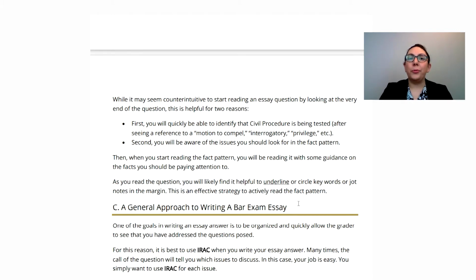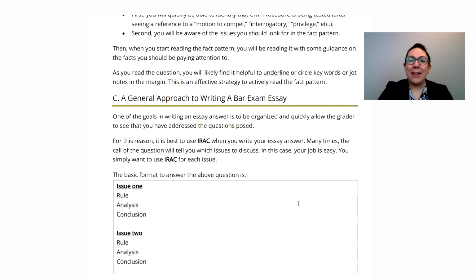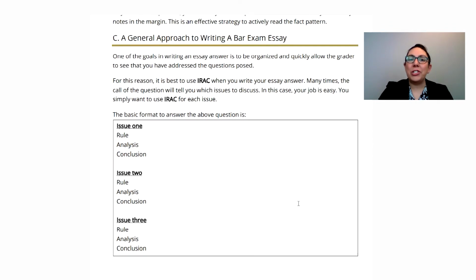So how do you approach writing a bar exam essay? Now that we've read the call of the question, and let's say we've read the fact pattern, how do we begin writing? What do we do? I cannot stress enough the importance of IRAC on the California bar exam essays. IRAC stands for Issue, Rule, Analysis, Conclusion.